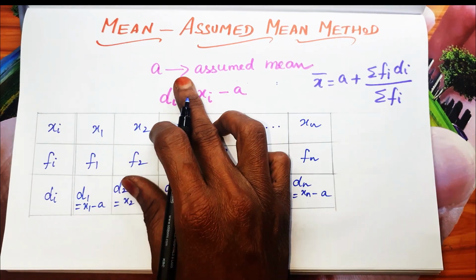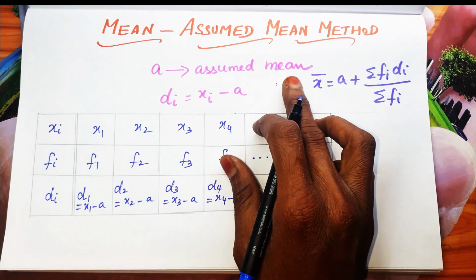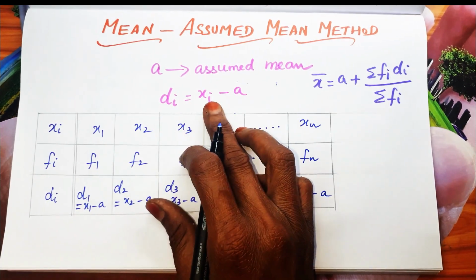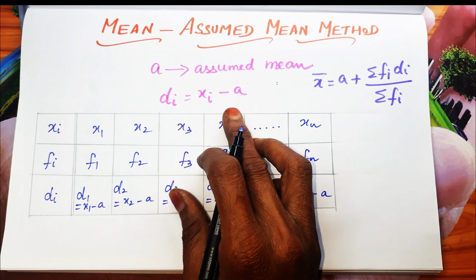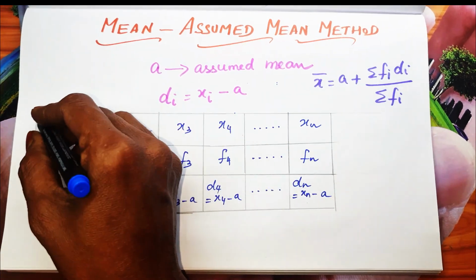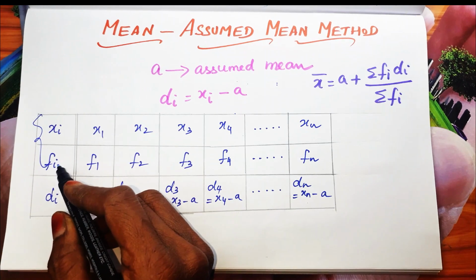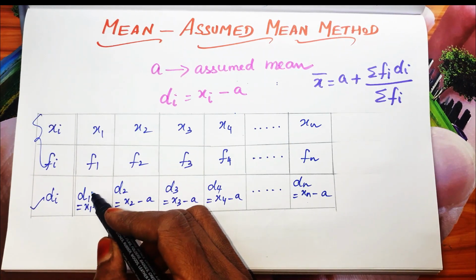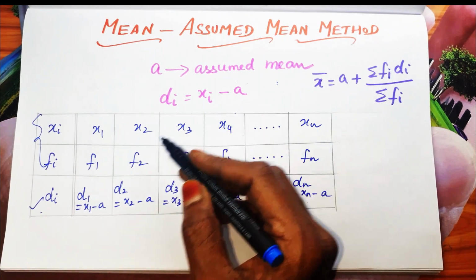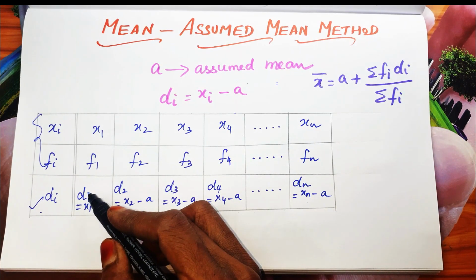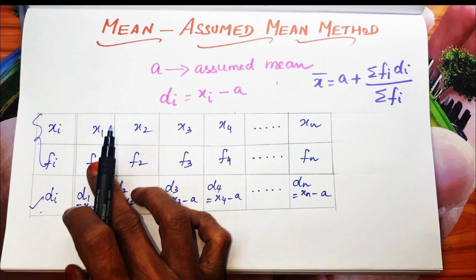So first we have to fix the assumed mean, and in that we have to convert all xi to di using the formula xi minus a. So these two will be given in the problem. From the given data, first you have to find what is di. Di is equal to xi minus a. For example, d1 is equal to x1 minus a.